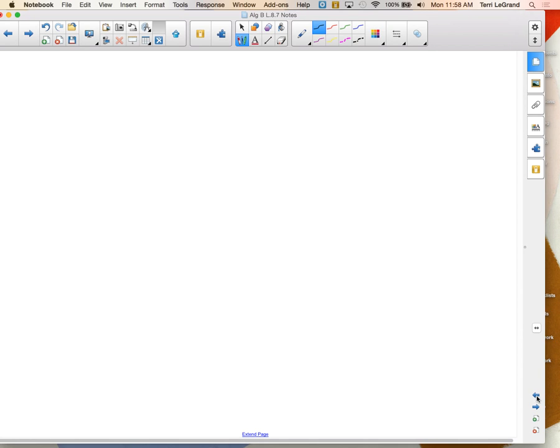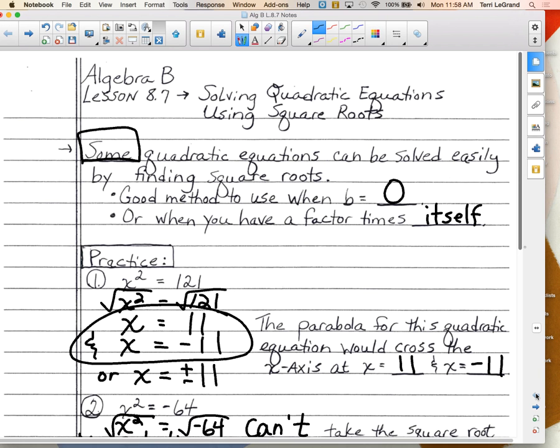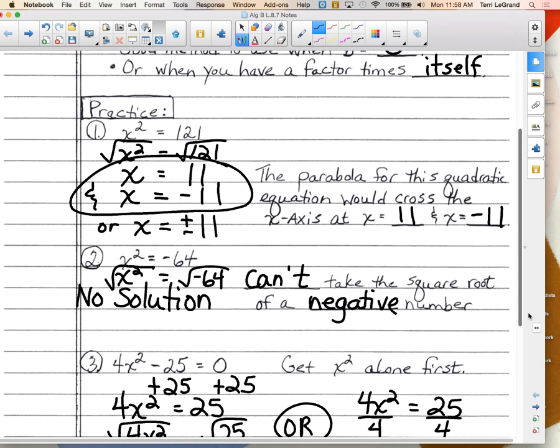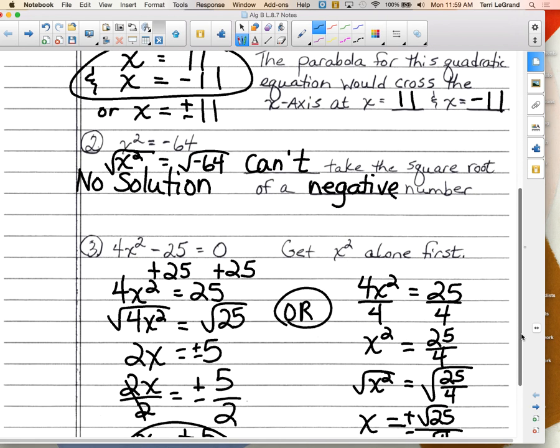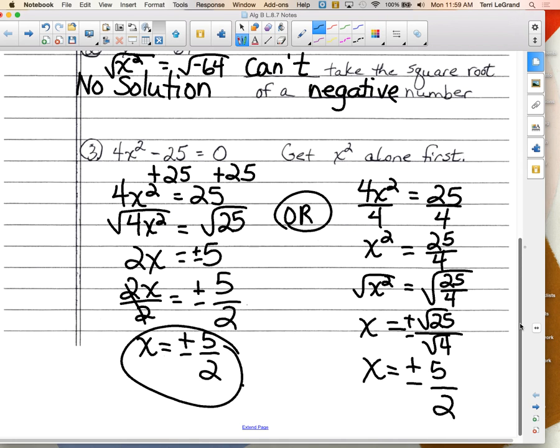With x squared equals 121, we got opposites. Look at this one: after we got the 25 moved over, we got opposites of each other, because we did not have a factor times itself then.